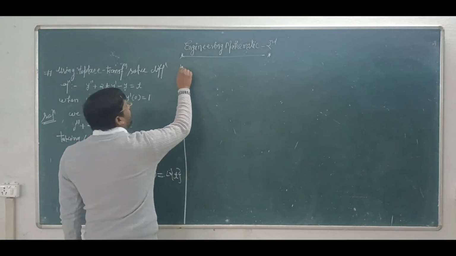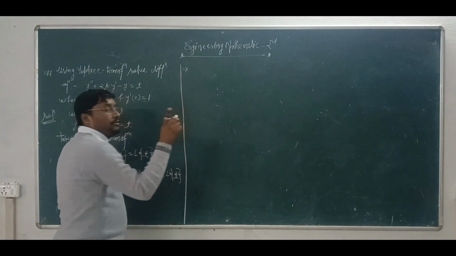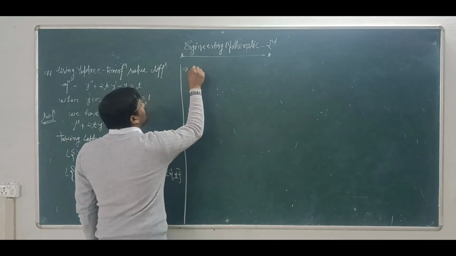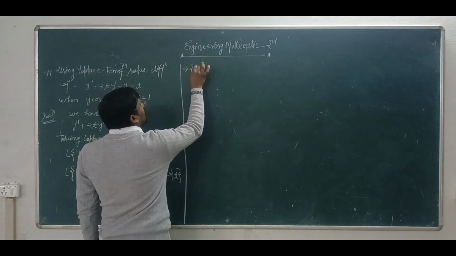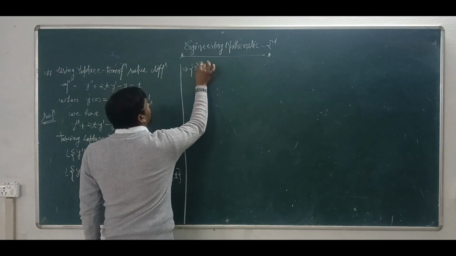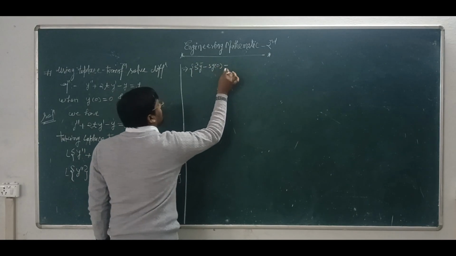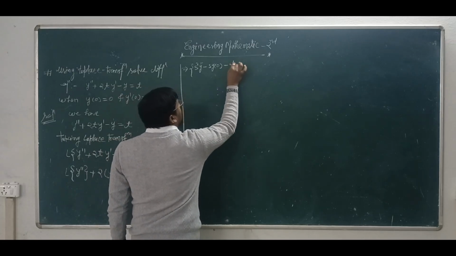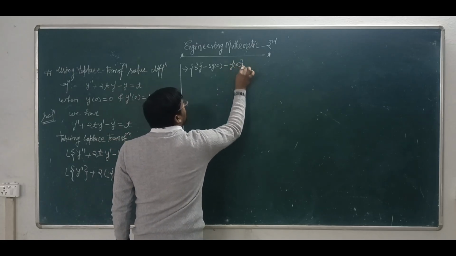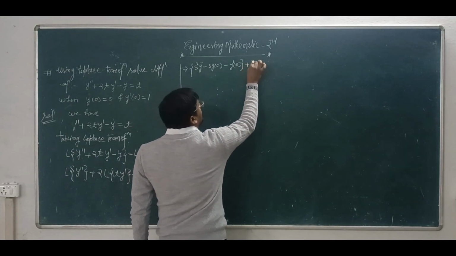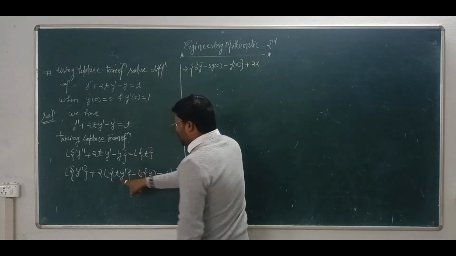Now first, putting the value of differential y double dash, you can write s square y bar minus s y0 minus y dash 0, plus 2 into Laplace of t y dash.